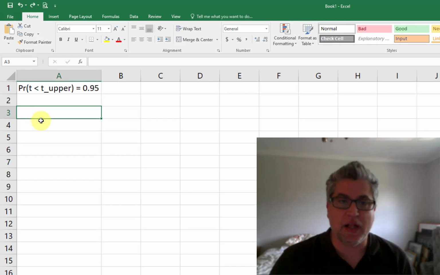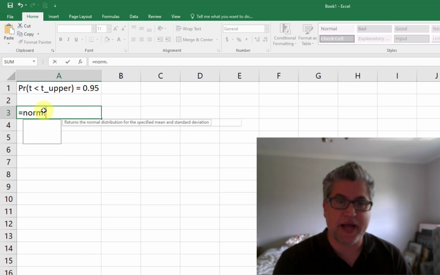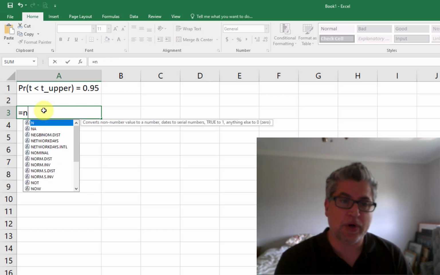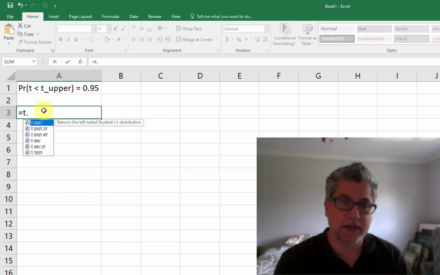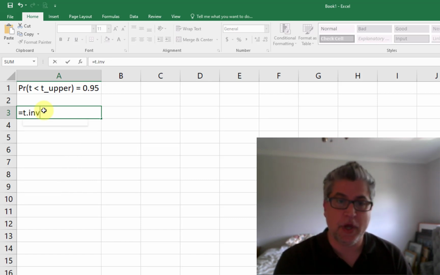So here we have Excel. We just reminded ourselves what the question is. We want Excel to tell us what t upper is, so that's an inverse calculation. Before, we used to do norm.s.inverse or norm.inverse if we were pulling from a non-standard. Now we're going to do t.inverse. Open parentheses, and Excel prompts us what probability. It's 95%.